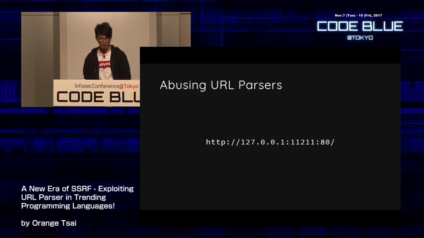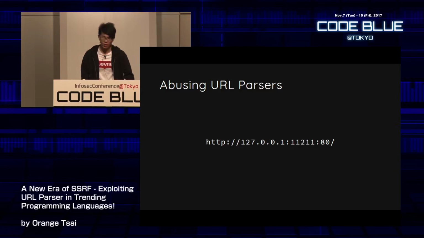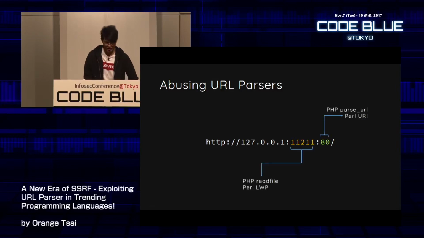Everyone knows the colon is the separator between the host and the port. The RFC defined the spec, but didn't say how to implement it. So will the colon be interpreted from the front or the back? It is interesting. For this URL, the PHP function parse_url recognizes 80 as the port number.